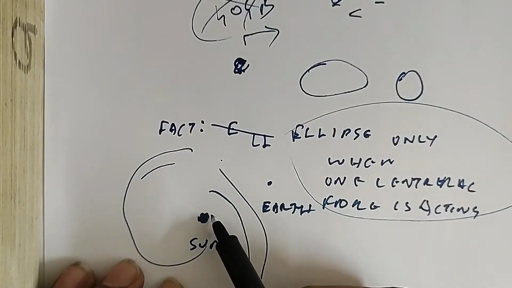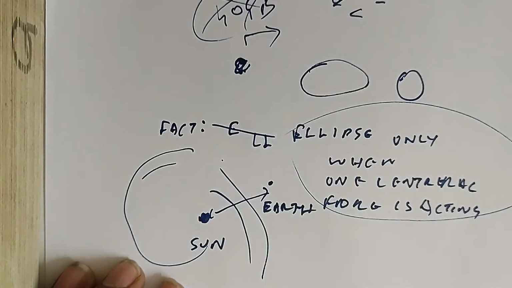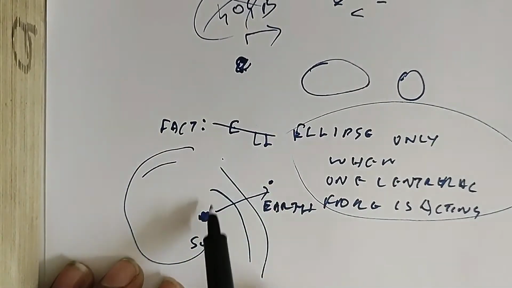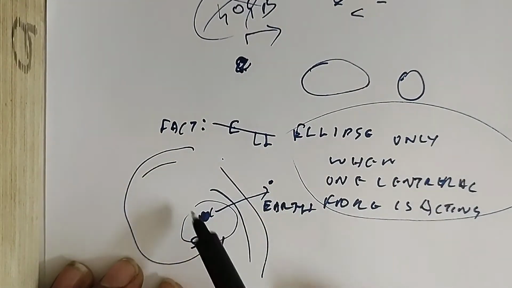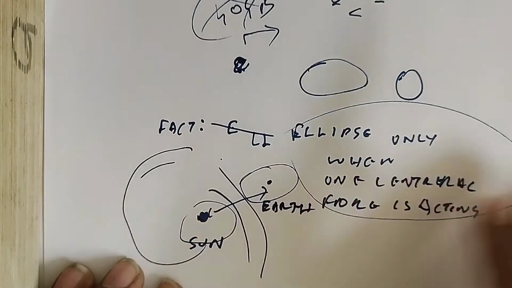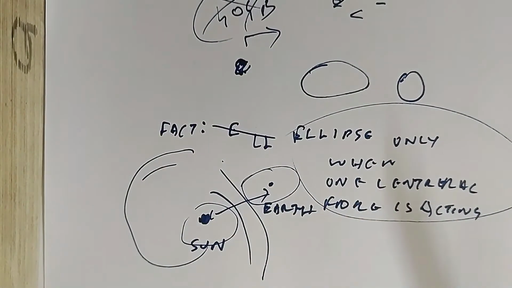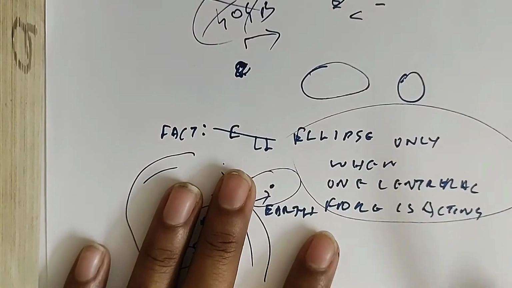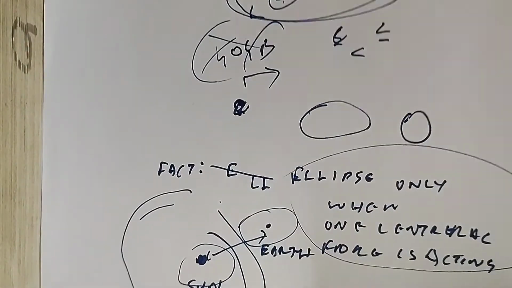But my concern when using these laws is just the sun and earth. That's all that exists to my formulas. I don't care that Mercury exists between them, that Venus exists between them. So that's the first law. That's all about the first law.